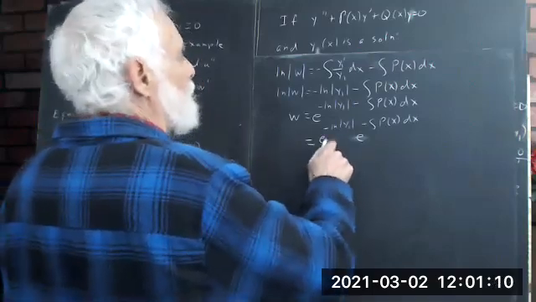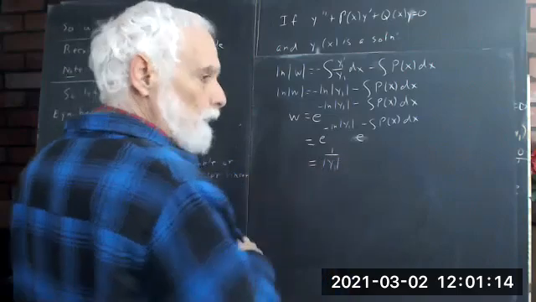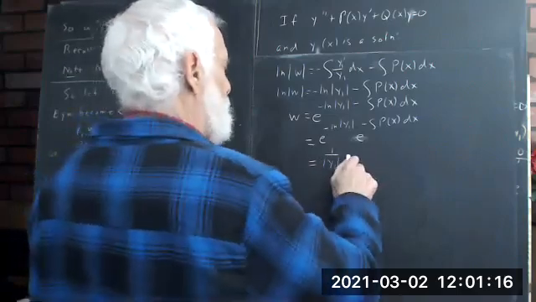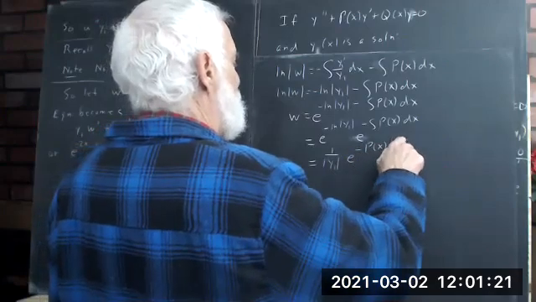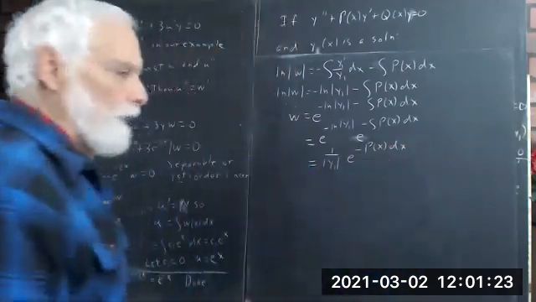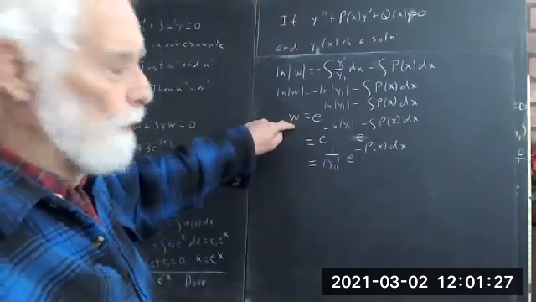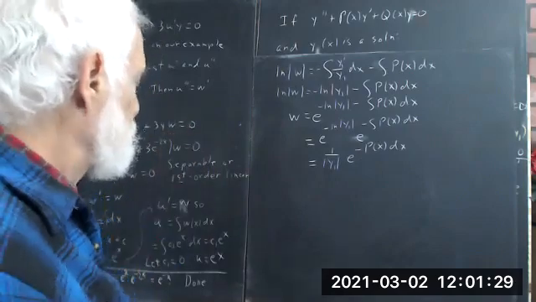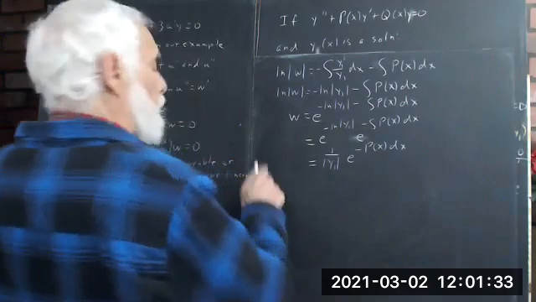Well, this e to the negative natural log y1 is 1 over the absolute value of y1. And then we have this, and we're pretty much done, except what we've got here is w, not u, as before.